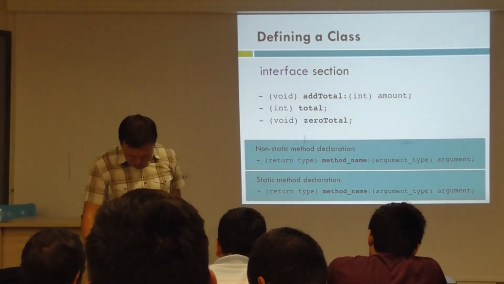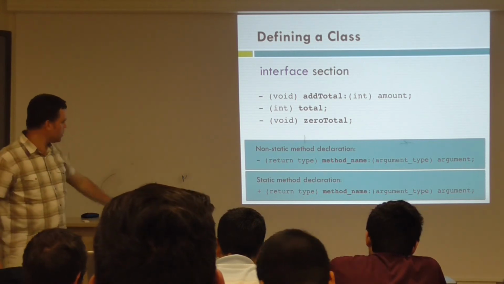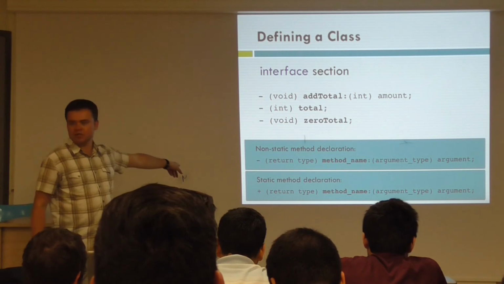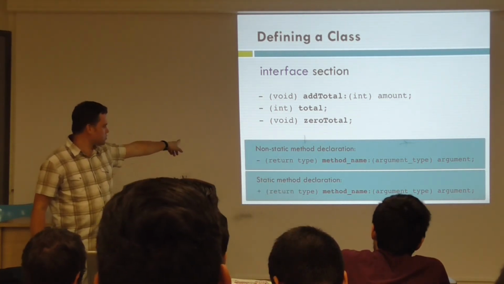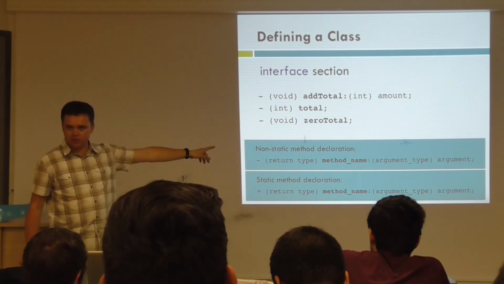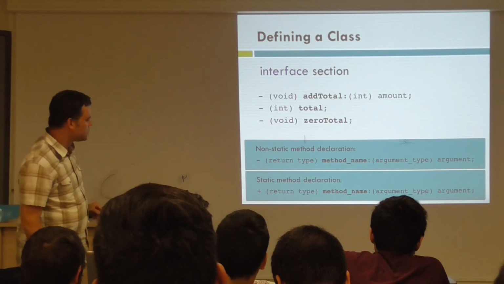Much more is described here. Now you can see also minus and plus before the name of this method. Minus is for non-static method declaration. May I ask? Amount is an argument for the add total.